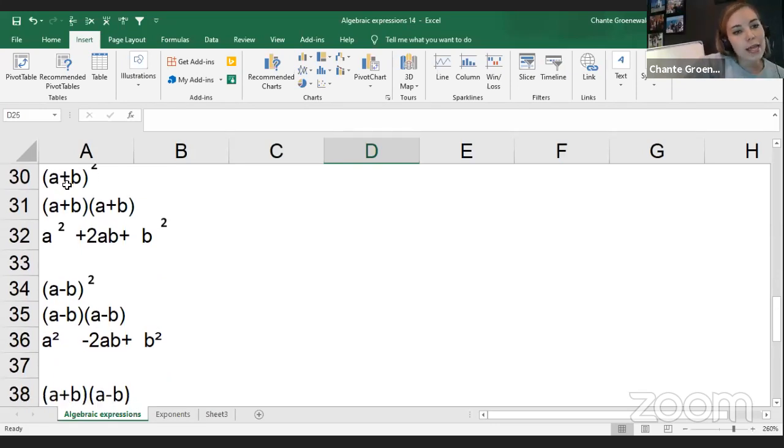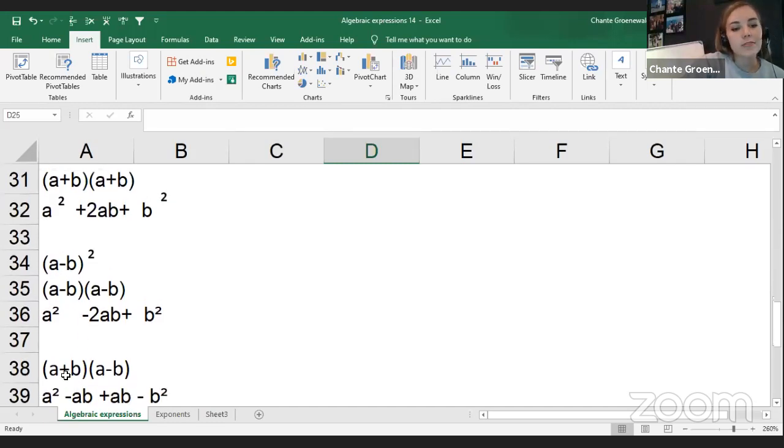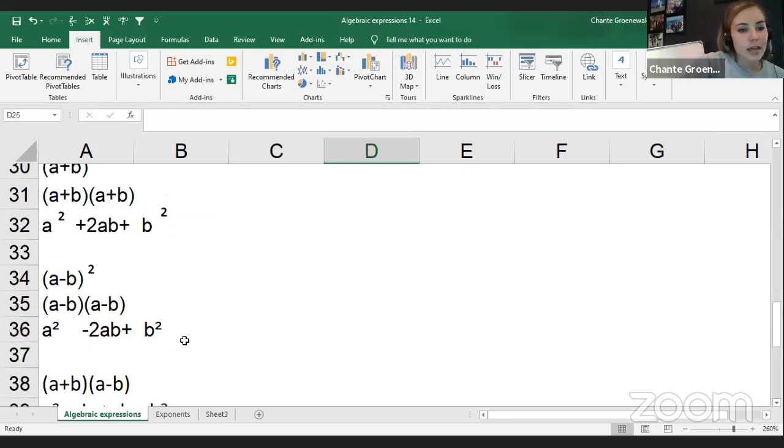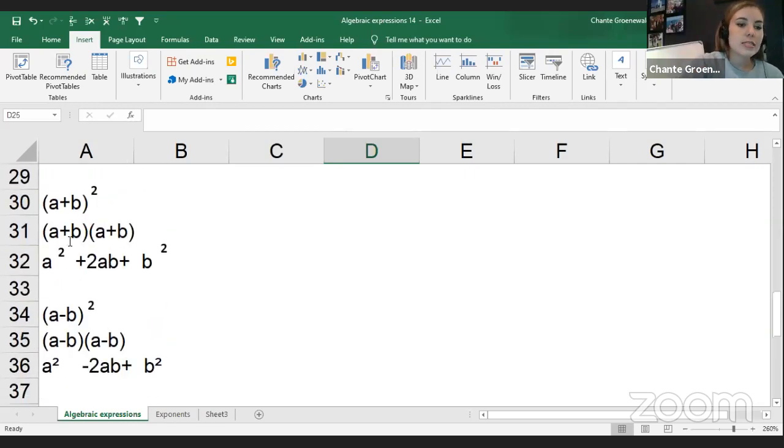Here I have (a plus b) to the power of 2, and in my term here I have a minus, and here I have a plus and a minus. All I want you to realize is that if I have two pluses together, my term would be 2ab, and that would be a plus sign.